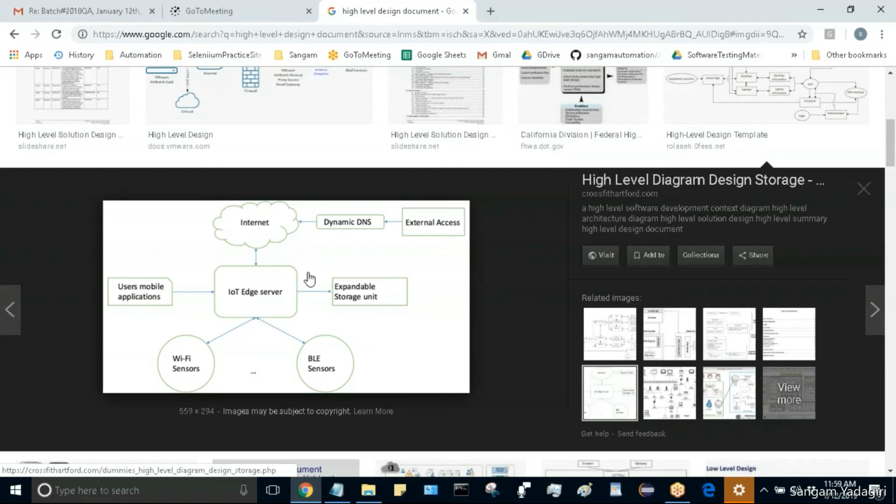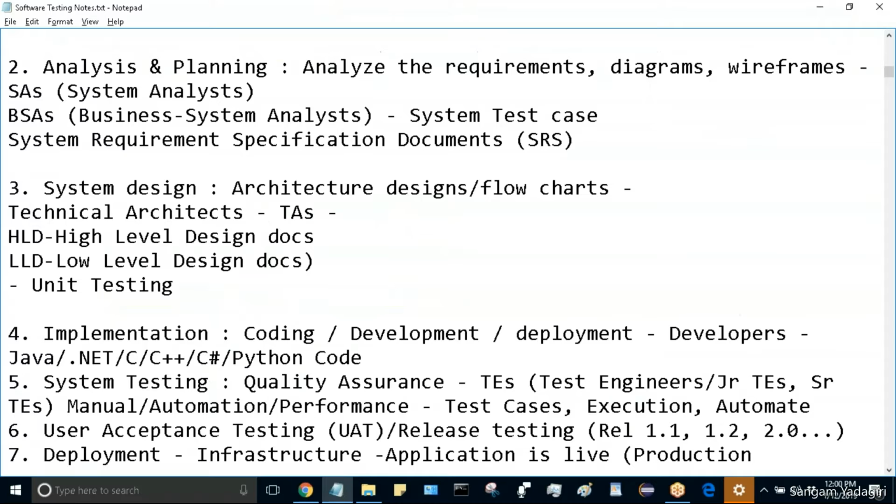Just understand that. And low level design will go inside this, inside the internet of things, like how it would connect to each fridge, and how they would behave inside, the technical aspects, which it would represent in detail. So that would be called low level design.